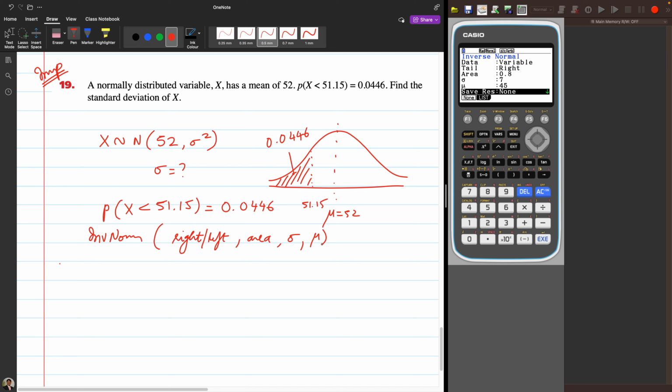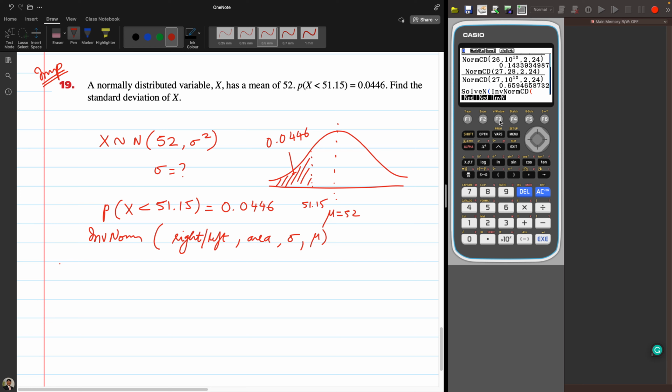If I use Solver, then I'll do the normal methodology and see what the difference is. Menu, Run-Matrix, Option, Calc, Solver. Then Stats, Distribution, Normal Distribution, Advanced Normal.